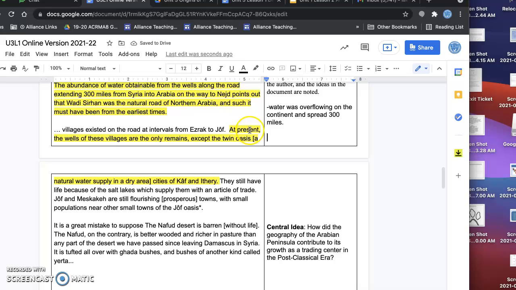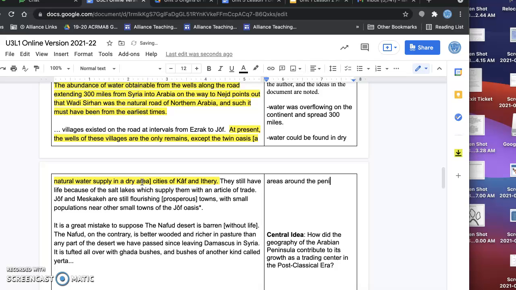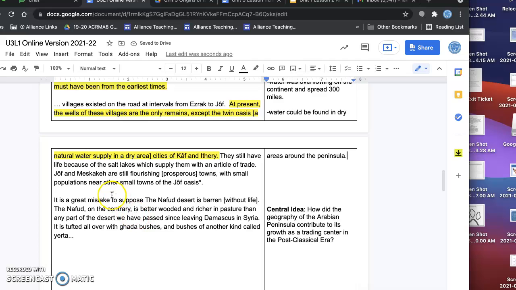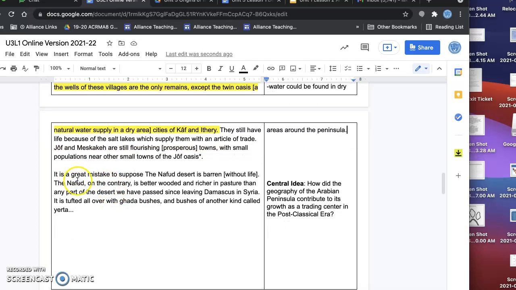We highlighted this part because it talked about natural water supply in a dry area. So we can say water could be found in dry areas around the peninsula. Okay, finally, the last paragraph. It is a great mistake to suppose the Nafud desert is barren.